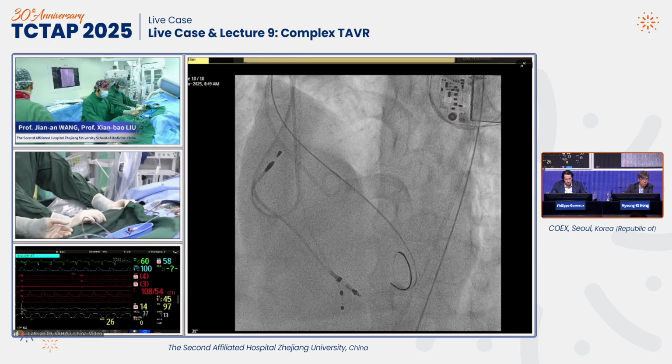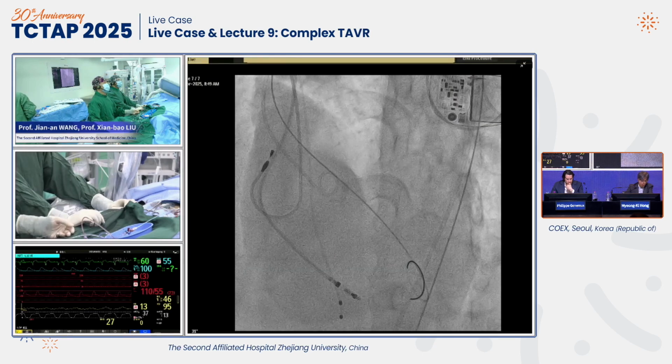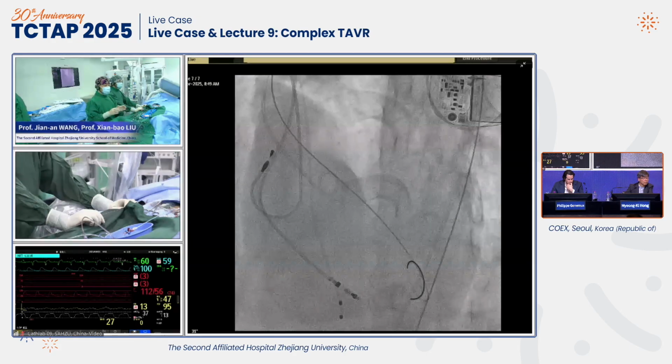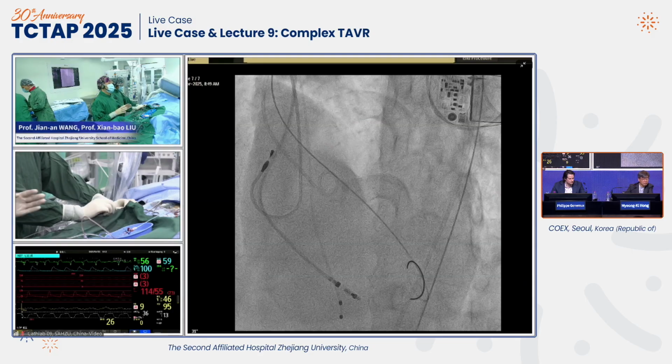We just combine the CT and the BAV. Based on the CT scan, we select the balloon. If the device size is between 26 and 29, we will use a 23 balloon. If the device size is 23 or 26, we will use 20. So we combine this.